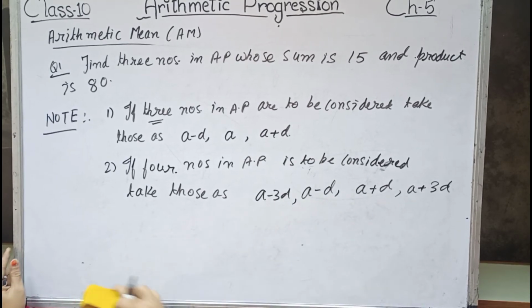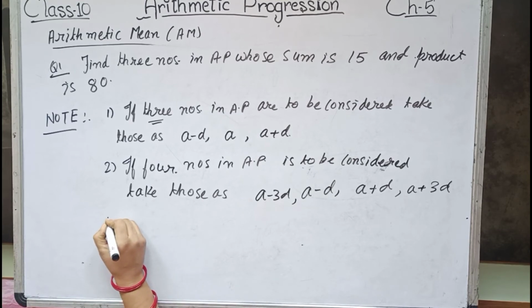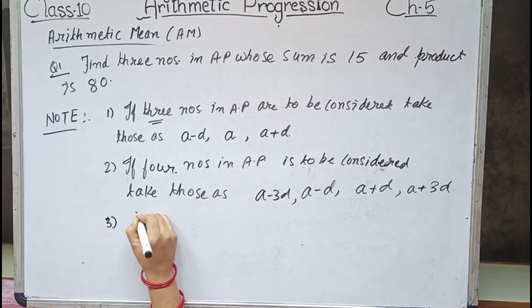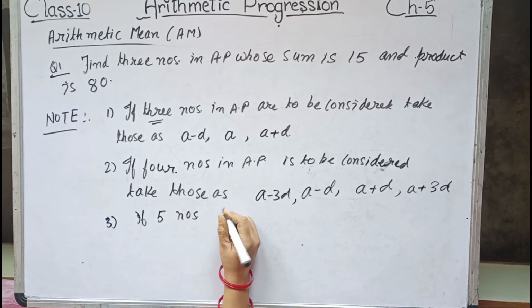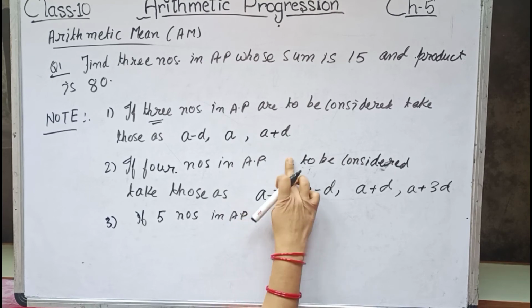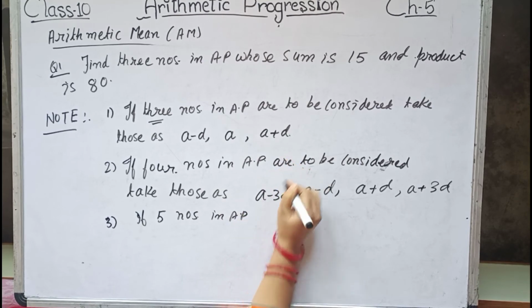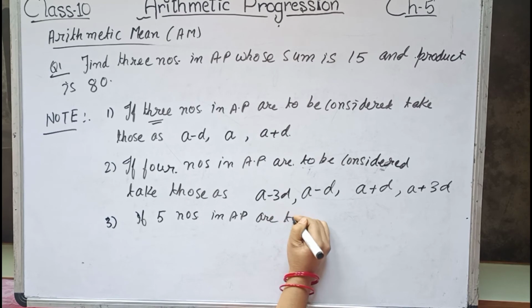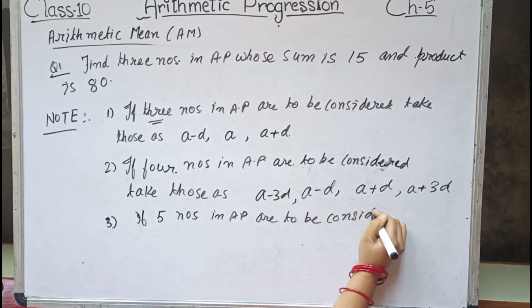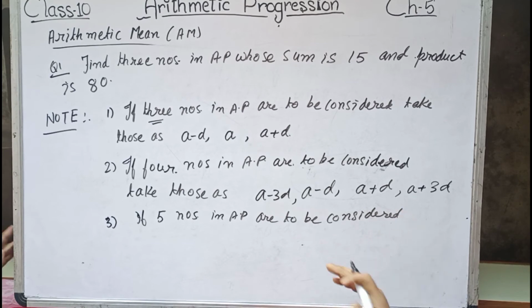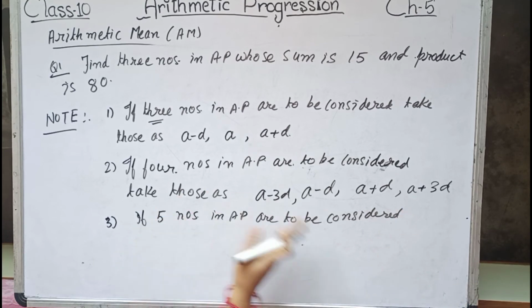Similarly, if 5 numbers in AP are to be considered, we will suppose like this for 3 numbers, 4 numbers and 5 numbers.